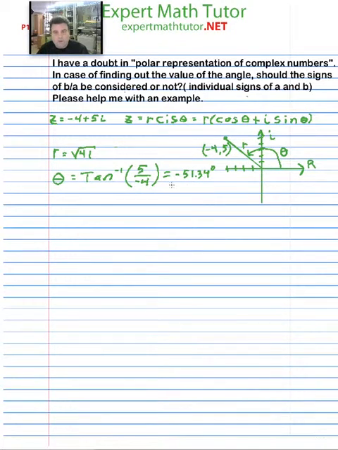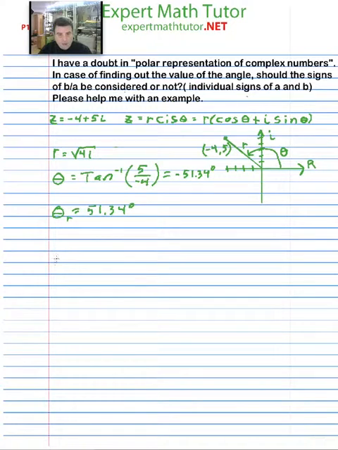And the reference angle I'm going to represent by theta sub r. So theta reference is equal to 51.34 degrees. Remember, the reference angle is always a positive angle, and it's always between 0 and 90 degrees, or between 0 and pi over 2.